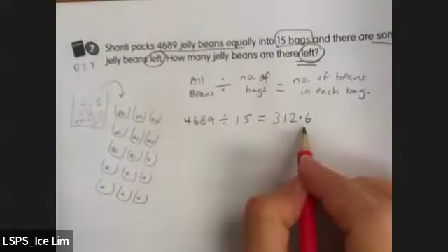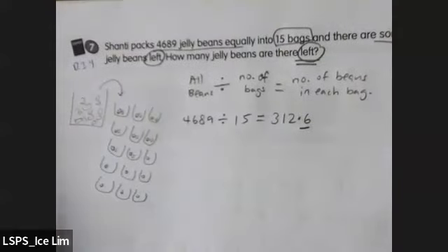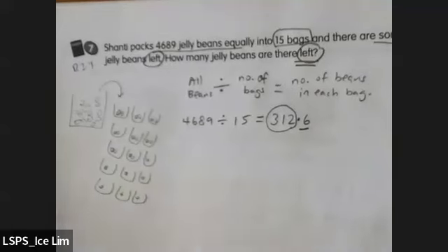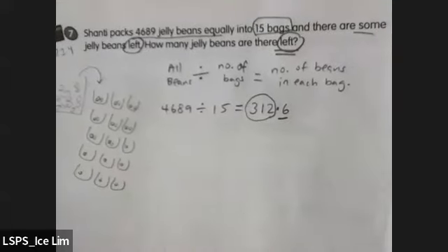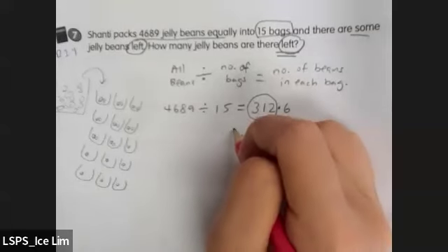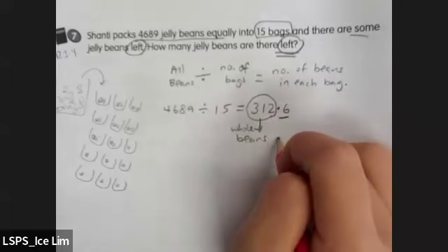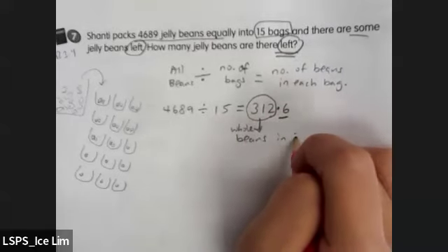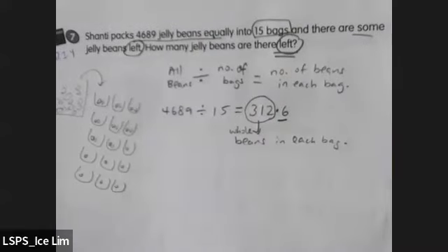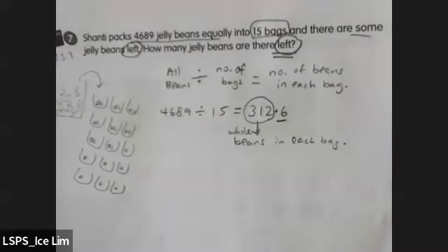Now, let's ignore the decimal place first and look at this whole number. So 312 are the very sure whole beans in the bag. You're not going to cut up any beans. You're going to get these whole beans in bags. So actually, how many beans went into bags?